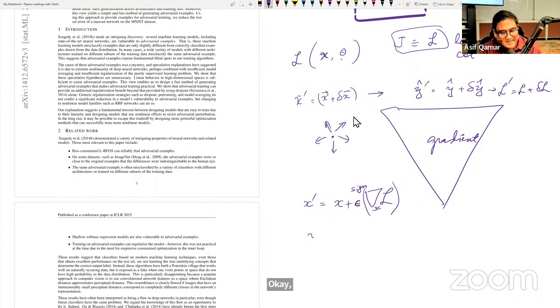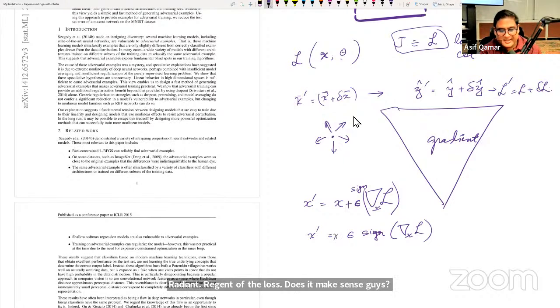So this becomes x prime is equal to epsilon times sign of the gradient of the loss. Does it make sense, guys? Does it make total sense? So x prime is equal to, or you can say delta x, the change that you make, is equal to some tiny amount of that direction.